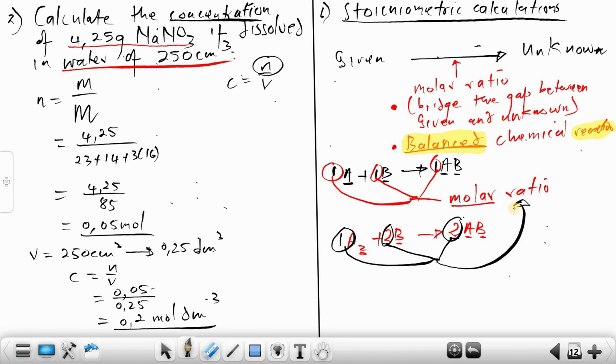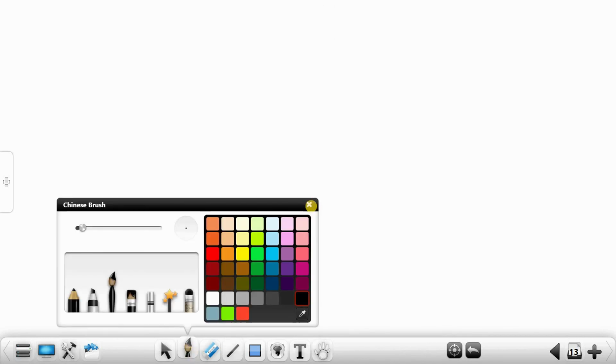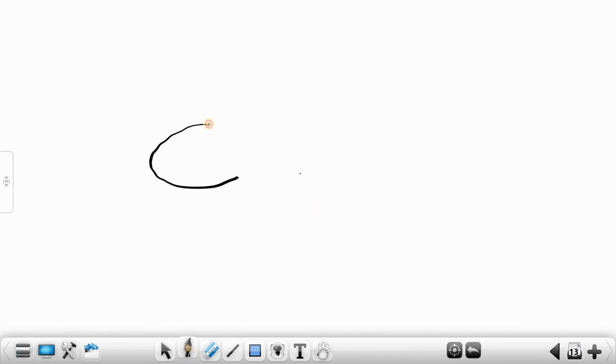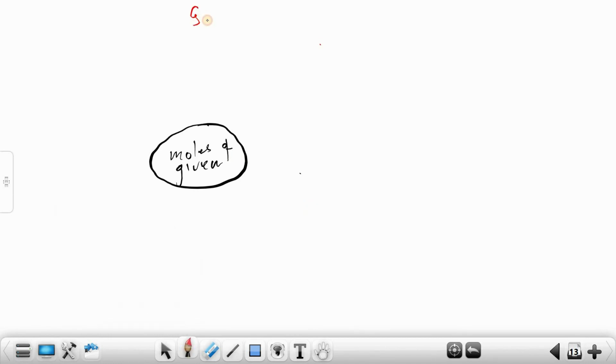So what does this mean? This means I must be in a position of getting the moles of given, because we agreed that we are moving from the given to the unknown.